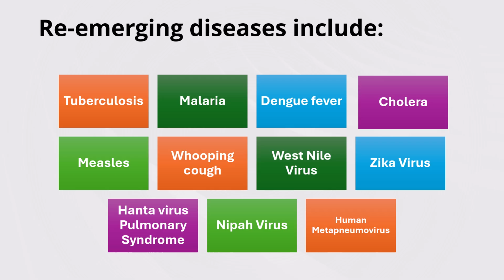normally some of the notable examples of re-emerging diseases would be tuberculosis. Once considered largely under control in many countries, tuberculosis has re-emerged in recent years largely due to drug resistance.